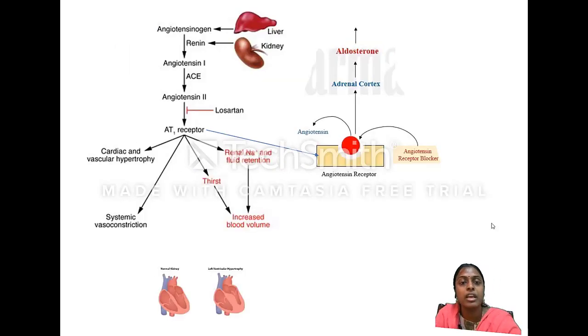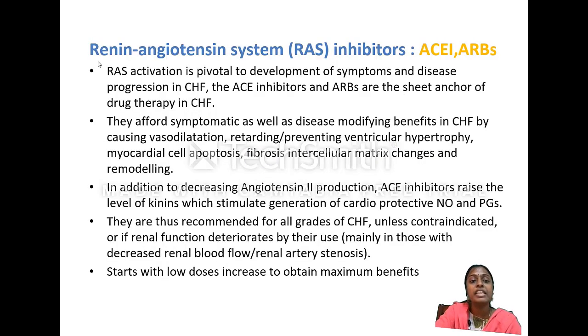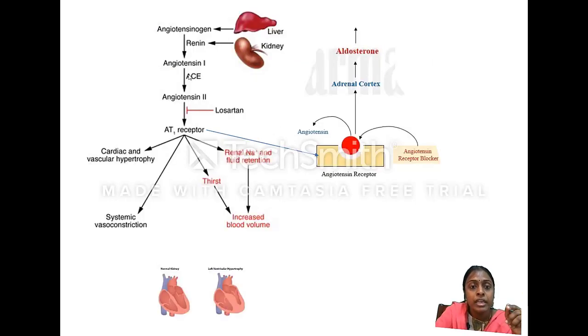Now, according to our heart, it is making it difficult to pump. When it is not filling properly, how will we get sufficient output? So when we are taking a renin-angiotensin inhibitor, like ACE inhibitors, they will act at this step. Here it will block this enzyme.